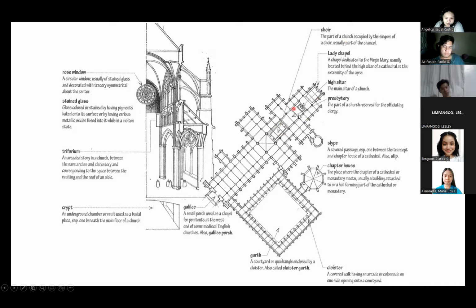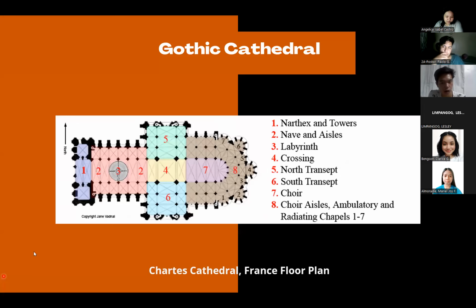You have your altar here. And you have now your garth, or a courtyard, also called a cloister garth. Kasi this is your cloister, the arcaded walkway in your Gothic cathedral. Any questions, comments so far?